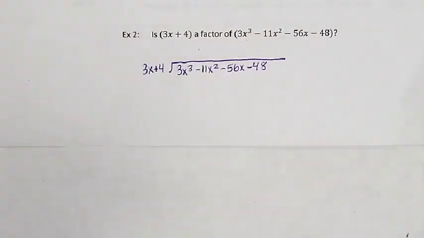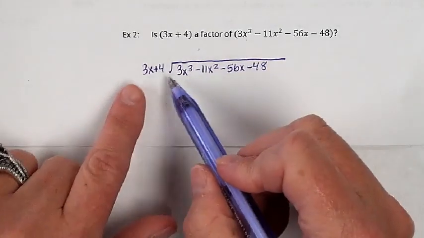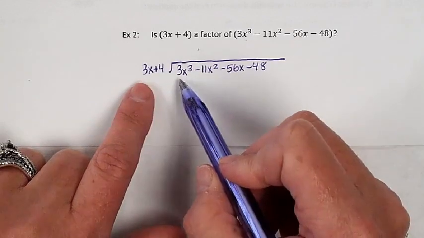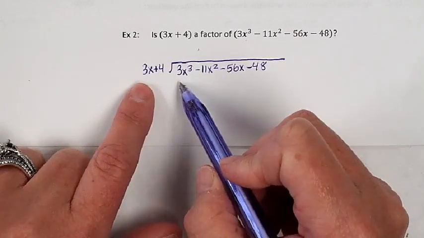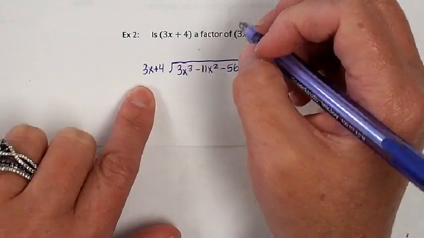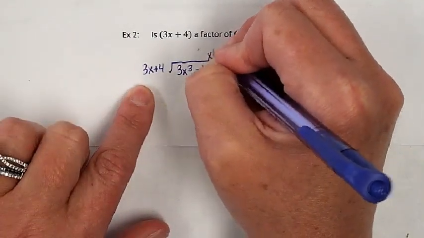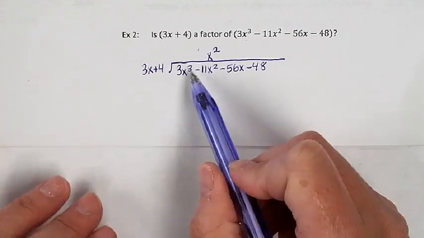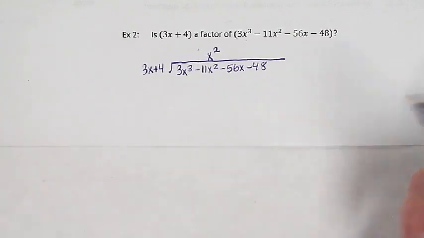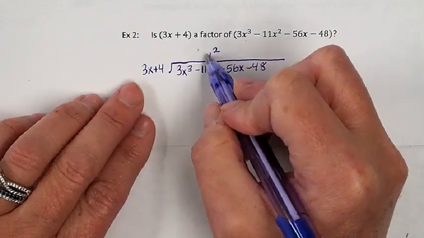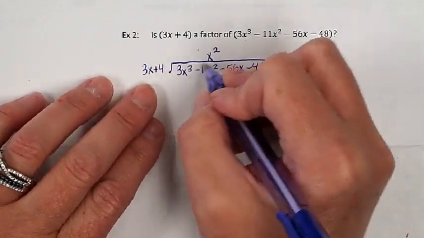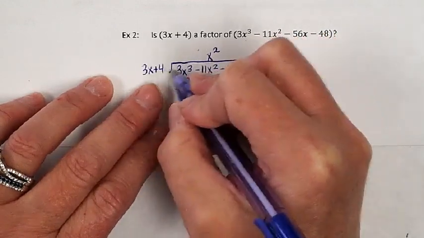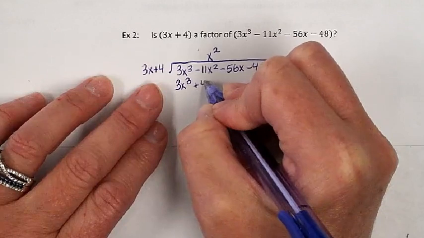And now we're going to divide. So I'm looking at the 3x and 3x cubed. What do I need to multiply 3x by to get to 3x cubed? X squared. I should have asked before if we were missing any terms to fill in, but we're not: 3, 2, 1, 0. So now I'm going to multiply x squared times 3x plus 4. So 3x times x squared is 3x cubed. X squared times 4 is plus 4x squared.